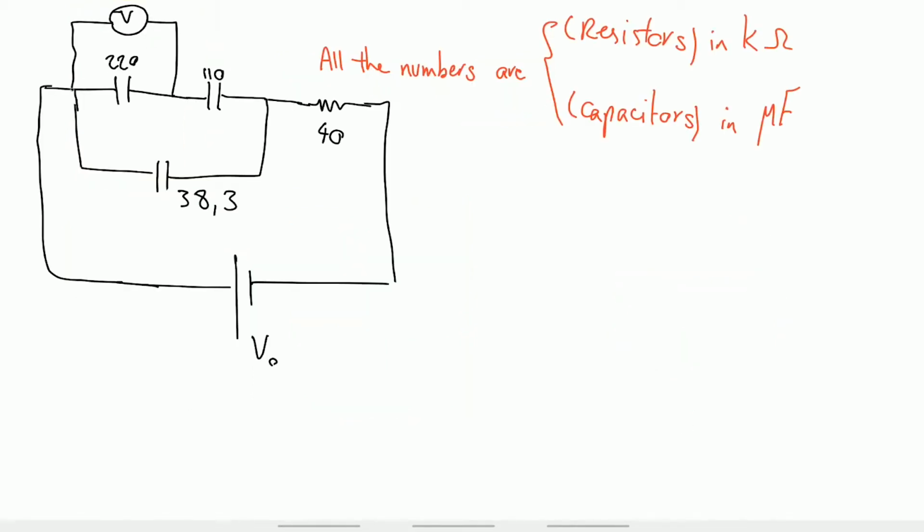Now we would like to calculate what this voltmeter shows. So we know that this circuit can be simplified to a capacitor and a resistor. And we have calculated this capacitance.